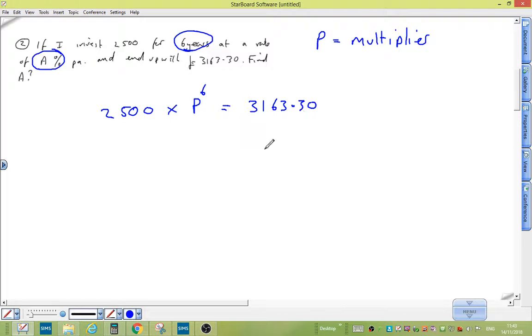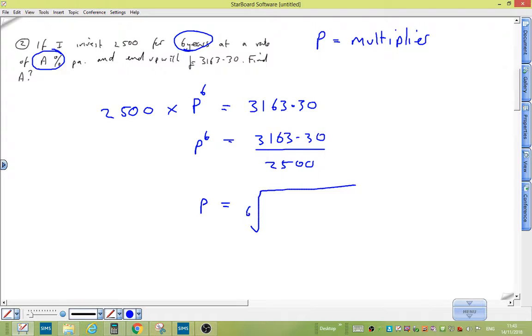And all you got to do there is divide through by this to give you P to the power of 6 is £3,163.30 divided by what I originally started with, 2,500. And to undo this, what do you have to do? The 6th root, not the square root, that's the 6th root. So P is a tick with a 6 at the front of it for the 6th root of the answer.